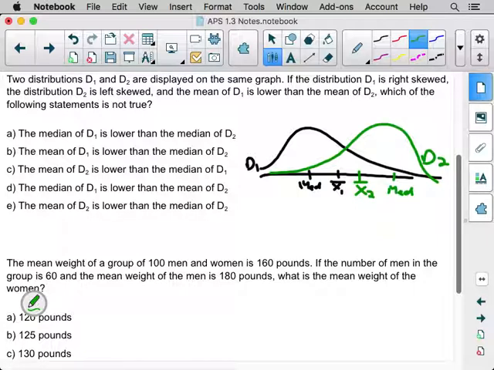So again, we don't know exactly what they are, but we do have a very distinct order to these four things, don't we? So which is the only thing listed here that is not true? Looking at that order that we just created, which is not true?